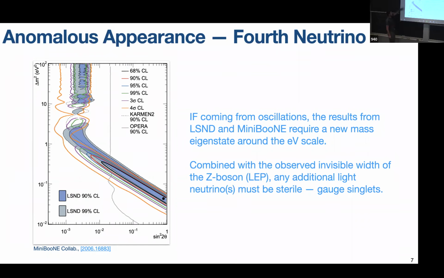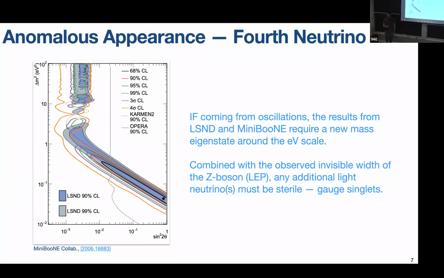So LSND are the blue regions, and then MiniBooNE are the different colored contours. And we can see that at 1 sigma, they're pretty consistent. They tend to want this large mixing, low mass squared splitting, which might not be as viable. There's plenty of support in these 2 distributions, pointing towards a new state around an electron volt in mass.